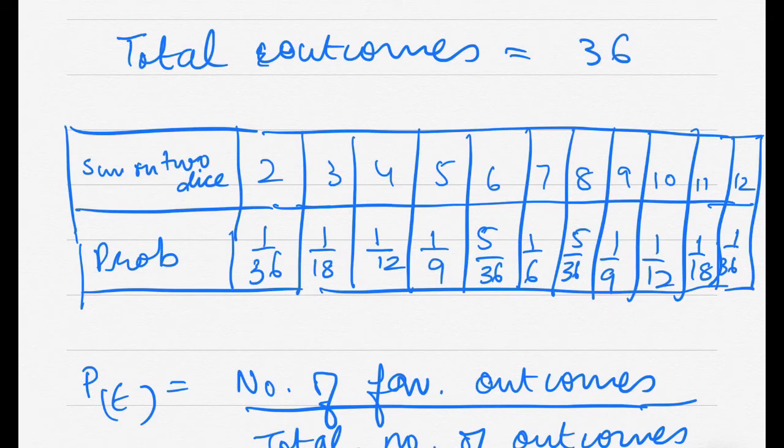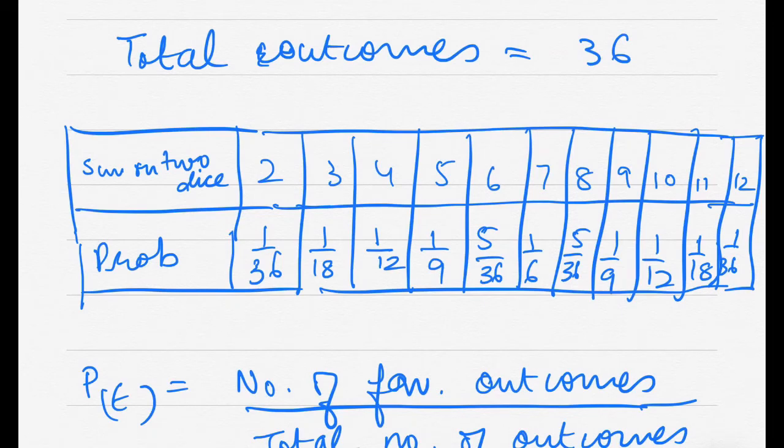So that's over. Now the second part of the question. In the second part they are saying the student argues that the only possible outcomes are 2, 3, 4, 5, 6, 7, 8, 9, 10, 11, and 12. Therefore each of them has probability 1 by 11. No, right?